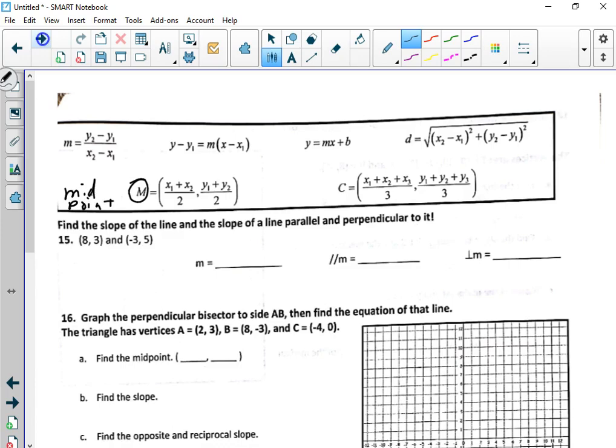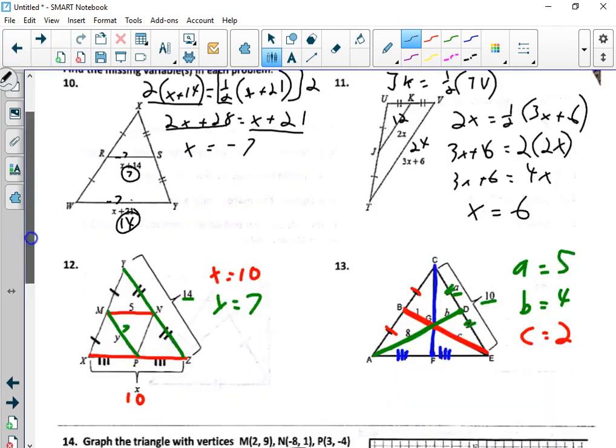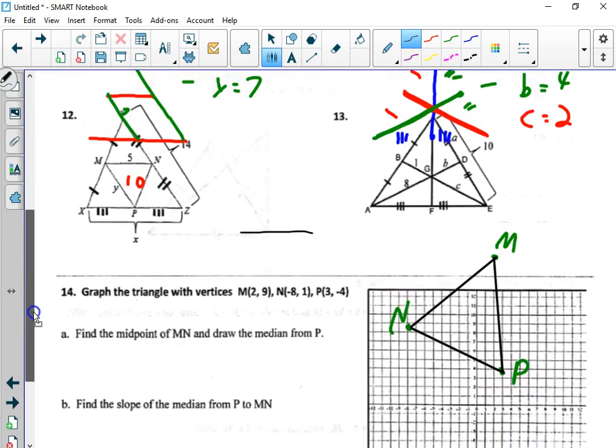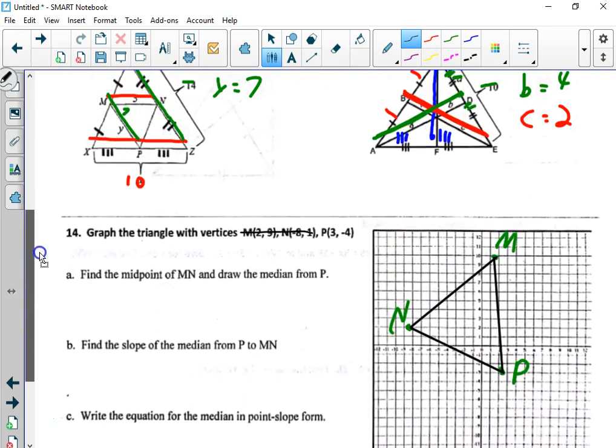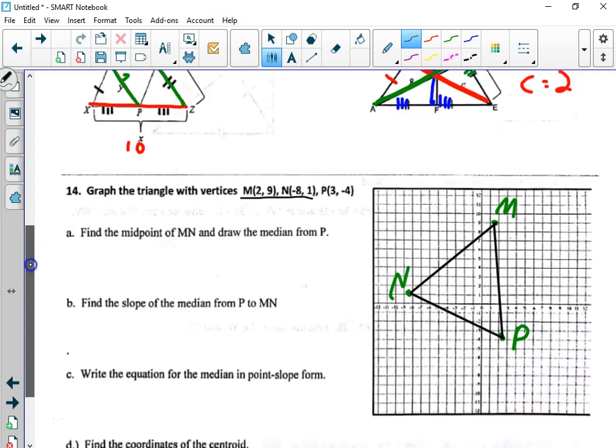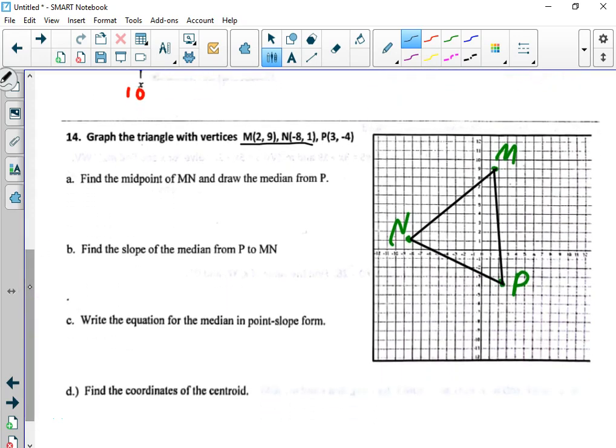Okay, so we're just going to add the x's and divide by 2, add the y's and divide by 2. So, 2 plus negative 8, divide by 2.